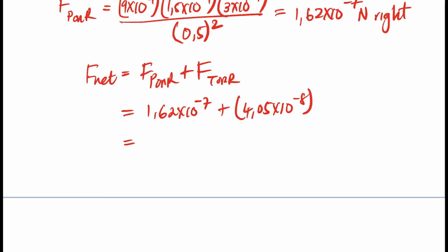And when you punch that in the calculator, you will have 1.22 times 10 to the power negative 7, and the answer is positive.